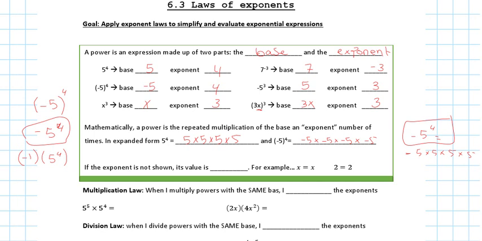So it should be negative. If you don't get the negative, that means your calculator is automatically putting a bracket around your negative 5. So your calculator is assuming that this is negative 5 to the power of 4, which is not the same thing. So what you need to remember is that you're doing 5 to the power of 4, and then you're multiplying it by a negative 1. Okay? So be careful.